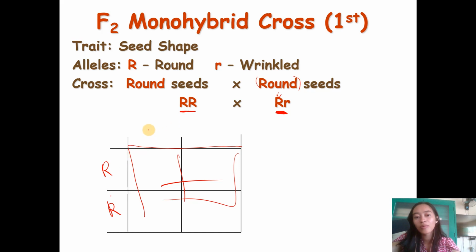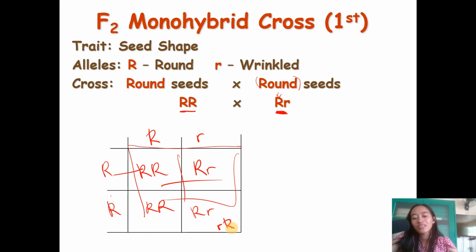Divide the letters and pair them up: this one is big R, small r; this one is big R on top, big R. Sometimes you might write small r and big R on top, but just fix it like this: the capital letter goes first.